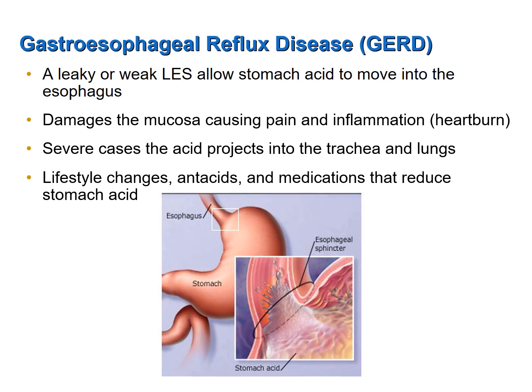Some women acquire GERD during pregnancy, and this is due to the increase in the production of estrogen associated with pregnancy. An increase in estrogen levels causes the lower esophageal sphincter to become leaky or weak. Typically, this ends after parturition or birthing.